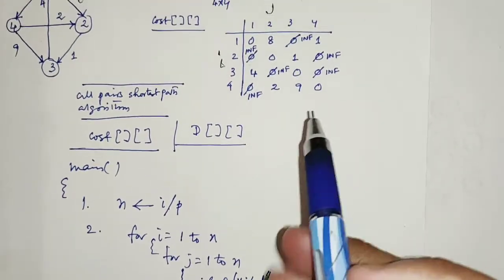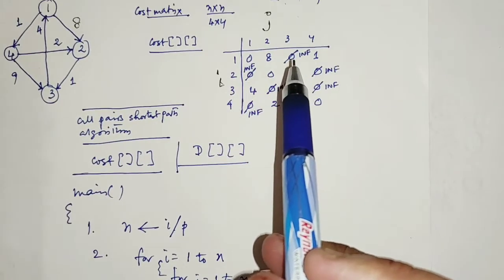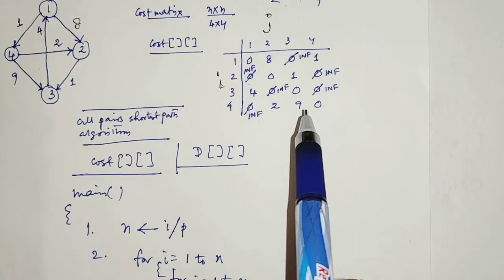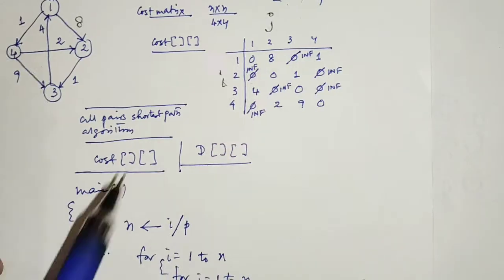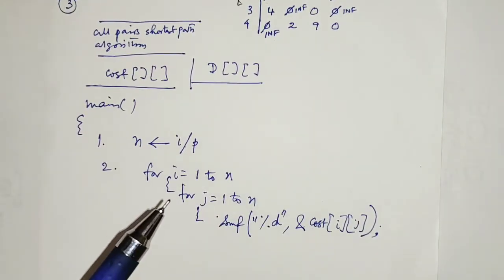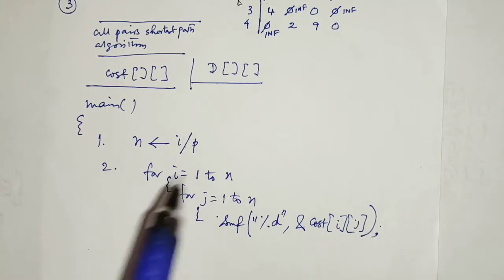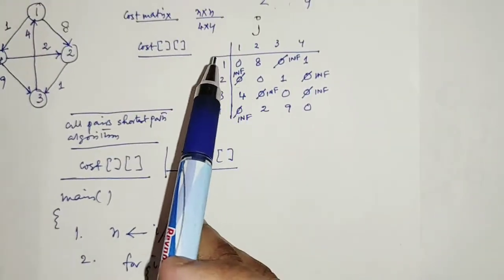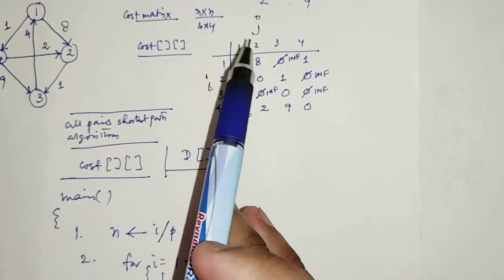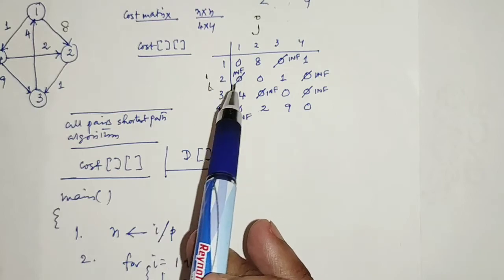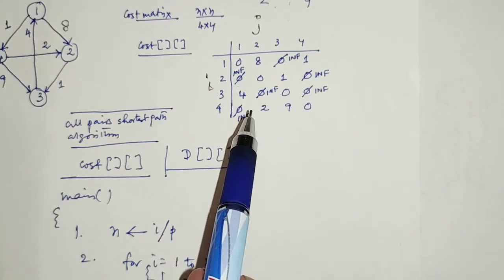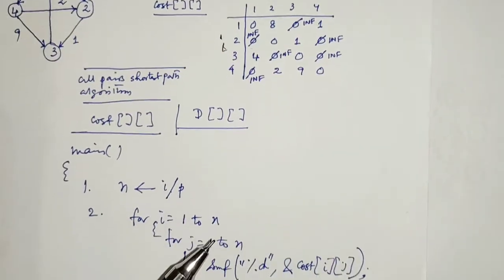It is my advice to put 0 wherever there is no edge, along with the principal diagonal. After that we will modify it. The modification scheme is like this: except the principal diagonal, and I am repeatedly telling this, principal diagonal means row index and column index are the same, 1 1, 2 2, i and j same. Except the principal diagonal, all 0 entries will be replaced by infinity.